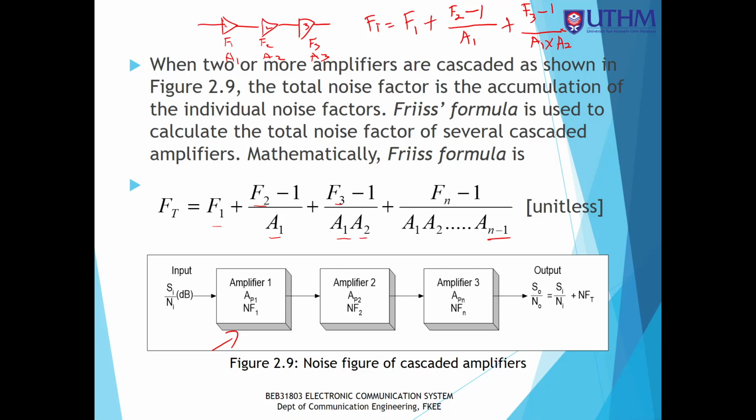Okay, so you get the F total. From F total you can find the noise figure, which is NF total is equal to 10 log F total. So you get in terms of decibel.